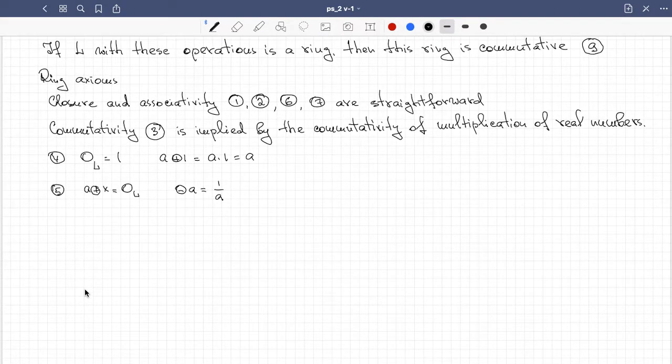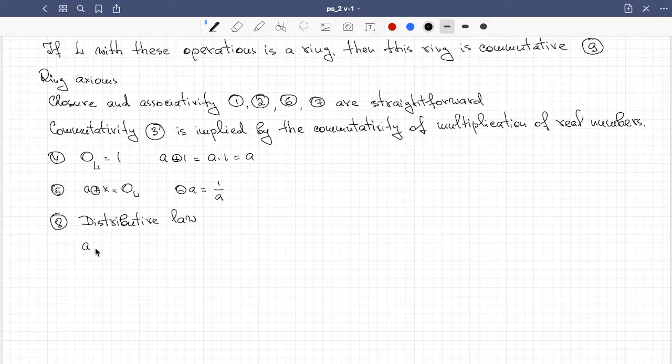Now we're going to check the distributive law. That's axiom 8 in the list of axioms. What do we want to see?